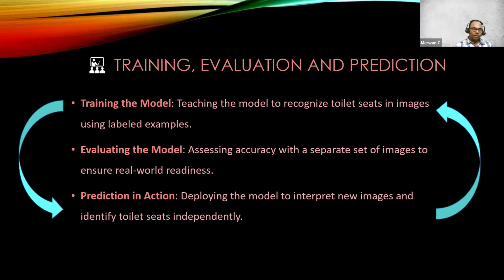So what we are achieving with ML.NET is not just about detecting a toilet seat, it is a step towards making our software interact with the world in a way that mimics human perception. It's a transformative process that turns static data into a dynamic decision-making tool.